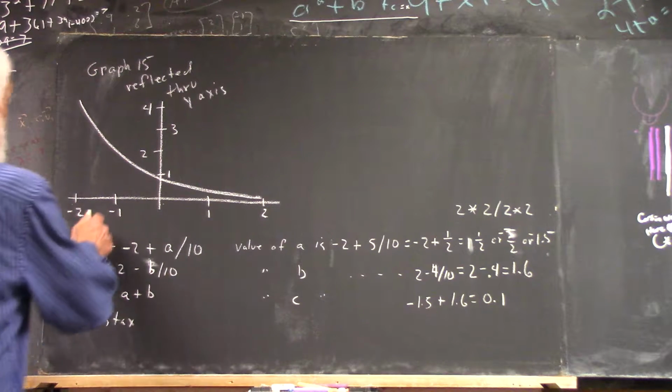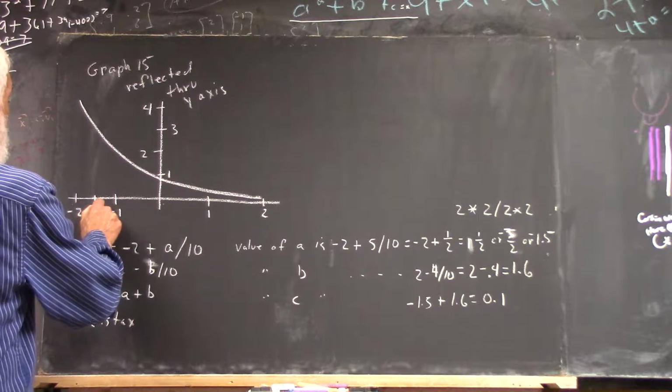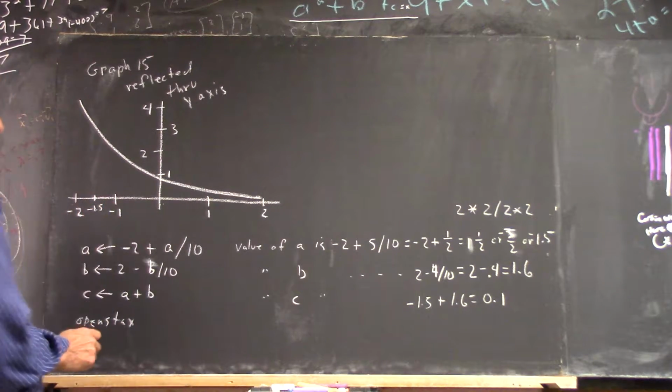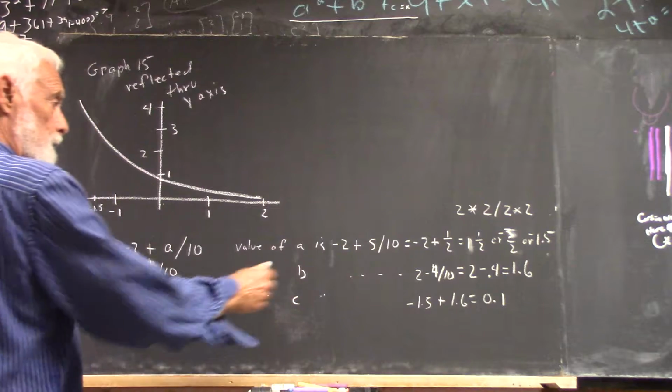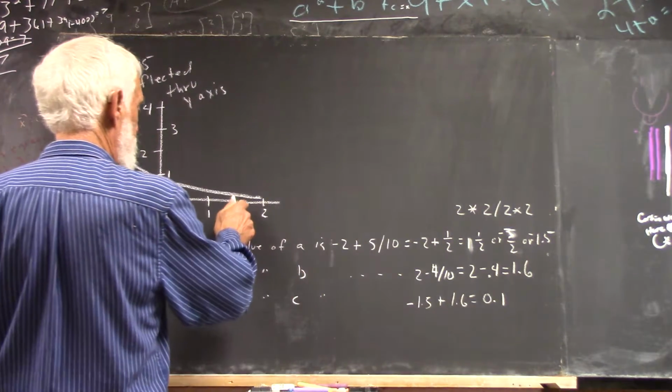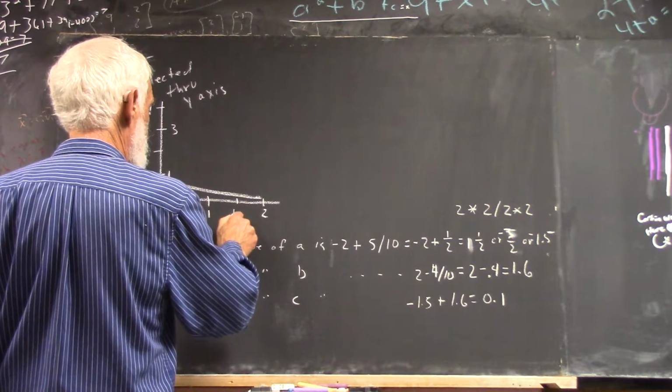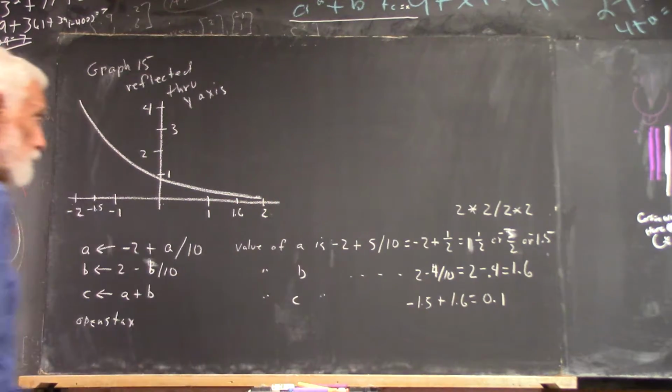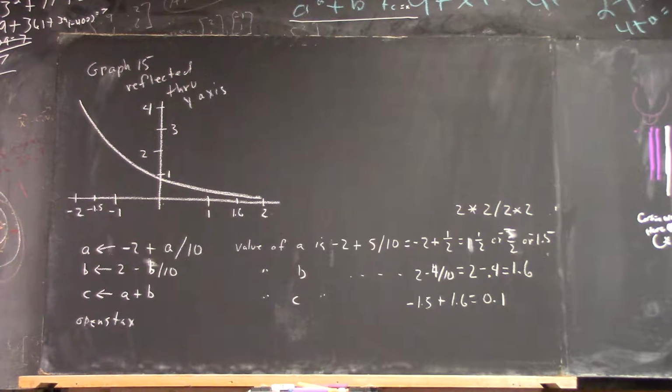So right here is -1.5. And then let's go ahead and put the b value on here. B is 1.6, so that's going to be a little more than halfway between 1 and 2, so I'm going to put it there. Okay? Now everybody can do that, right? Especially since I just showed you.